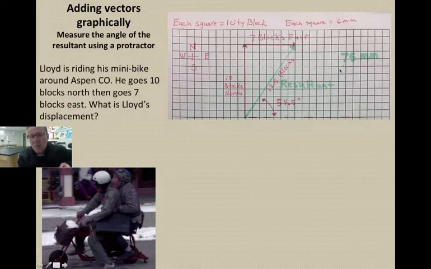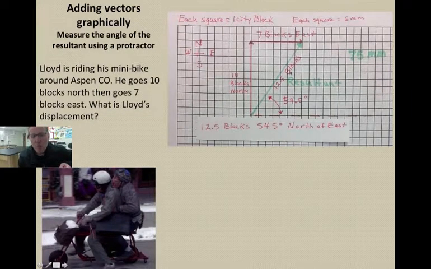And here's, let's see, I don't have the magnitude. Actually, I do. I went ahead and wrote it here. And so just to have our reported answer, it's going to be 12.5 blocks, 54.5 degrees north of east. Students ask me a lot, how do I know what to say here? Again, I think you just have to think about what's happening here.